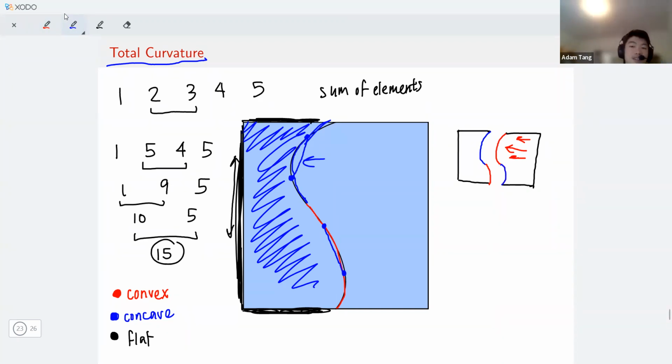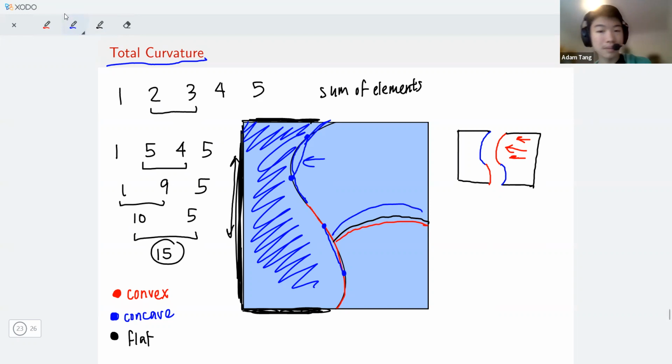So you can see how every concave point on the left side must be a convex point on the right side, as long as they're along the same cuts. And this is true for any number of cuts. You can even make a third cut here, and then this is going to be convex on this side, but concave on this side.